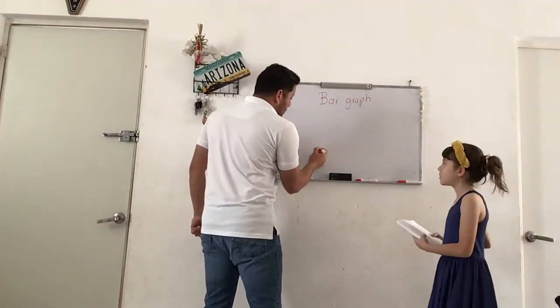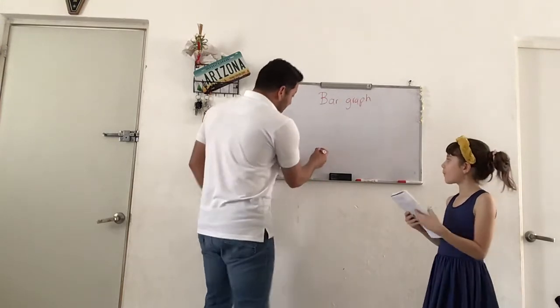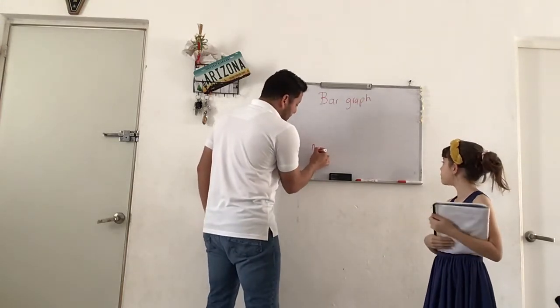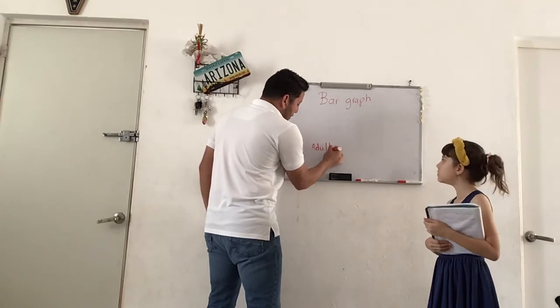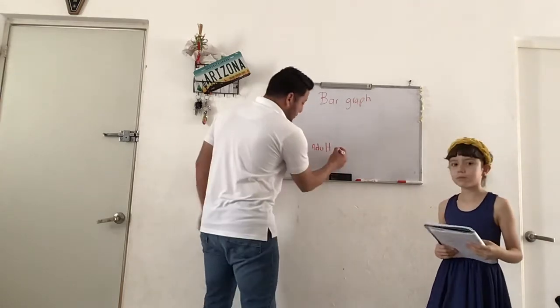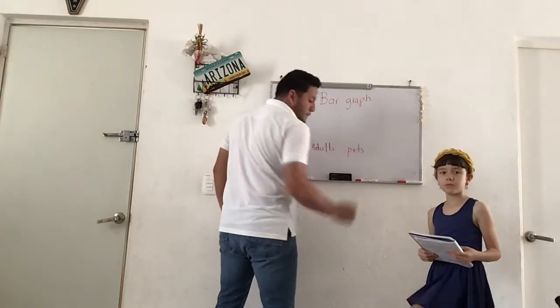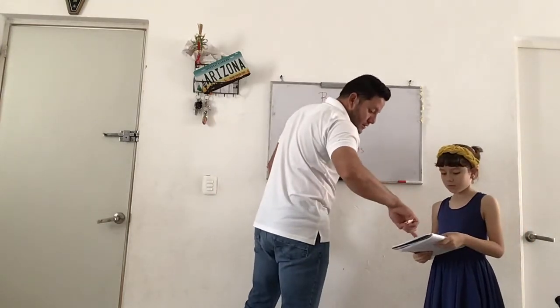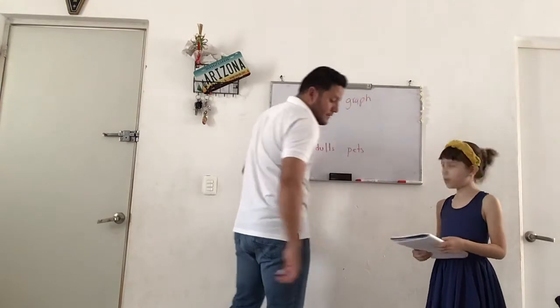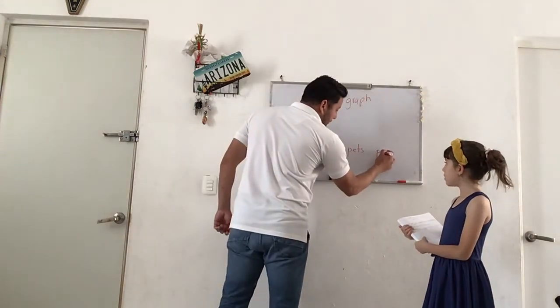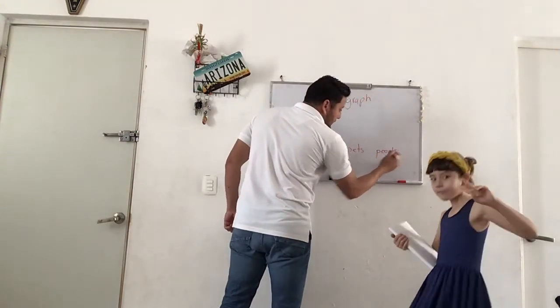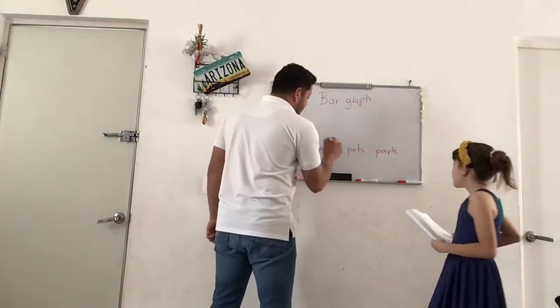So, what is our survey, guys? Our survey is adults. Another survey is pets. And what is the other one? Adults, pets, and people. People on this one, okay?